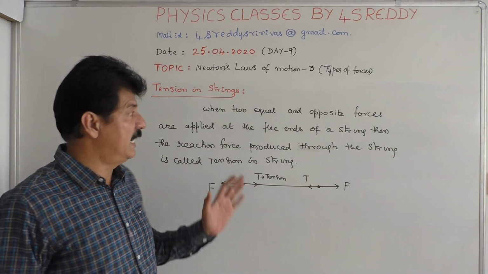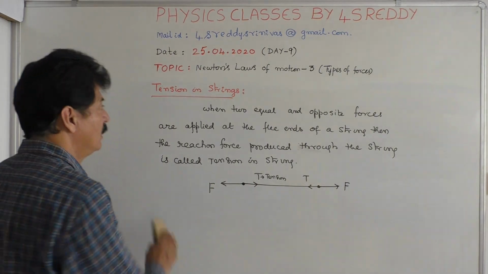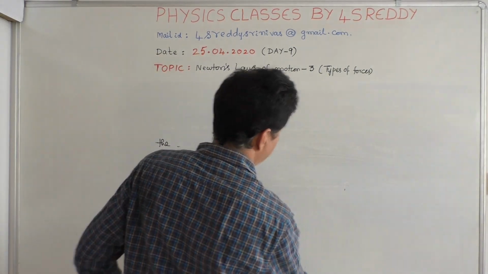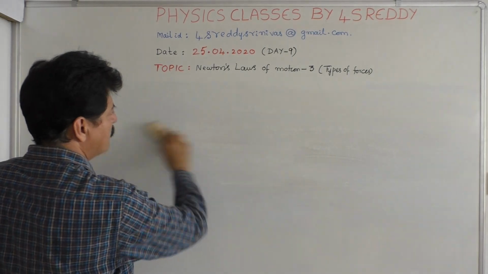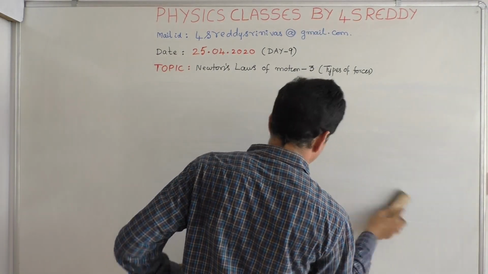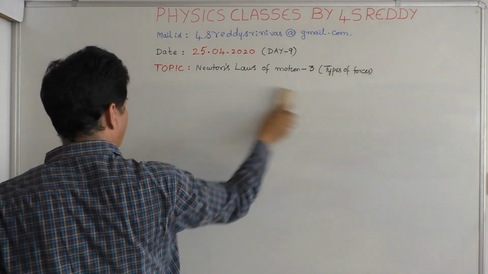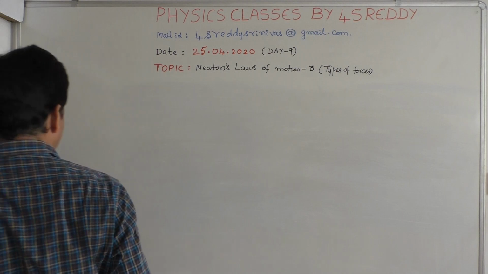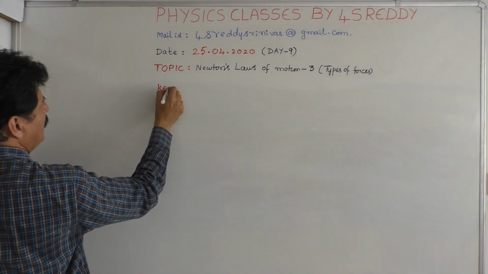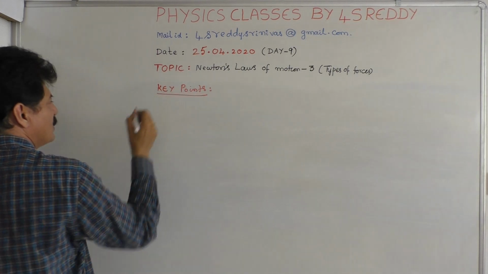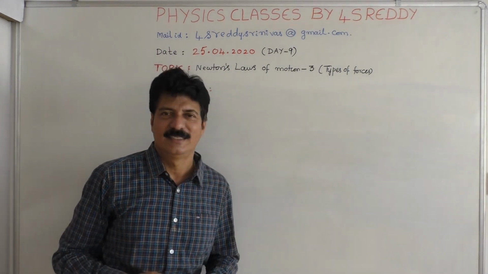And once you have the idea of this string, then the key points related to this. What are the key points related to the tension in the string?